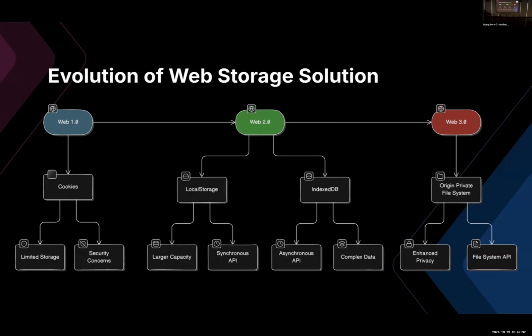As we progress to Web3, we are moving towards decentralization, removing the database layer, and privacy, like I have to keep my stuff in my local browser only. So there comes OPFS, which stands for Origin Private File System. It's a file system which is private to your origin.